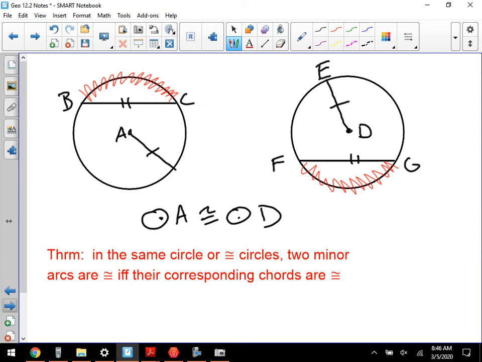Radius. They're both the radius. What do you know about the radius inside circles? They're always equal to each other. The radii are always the same.